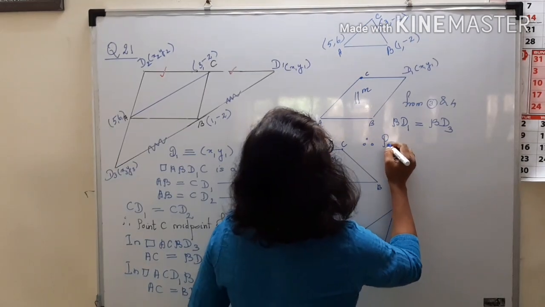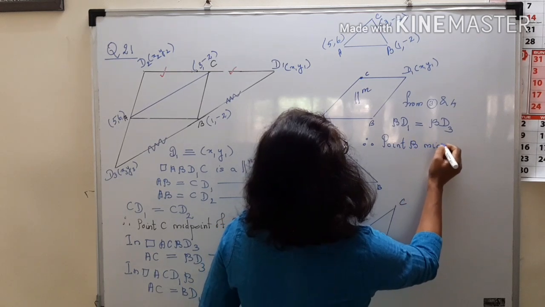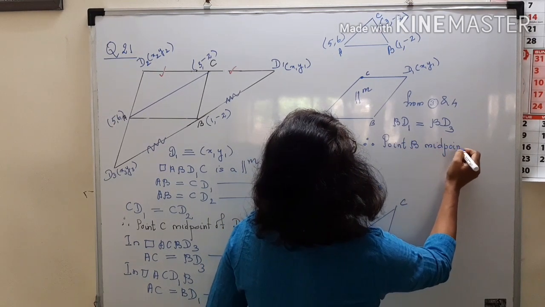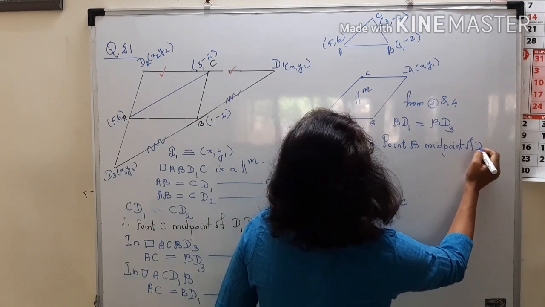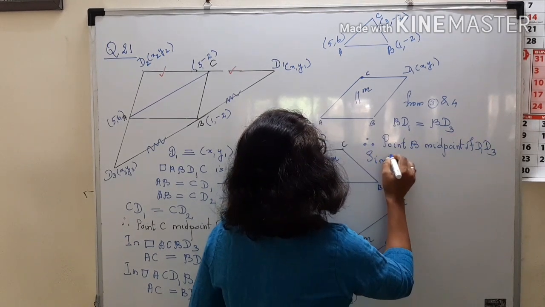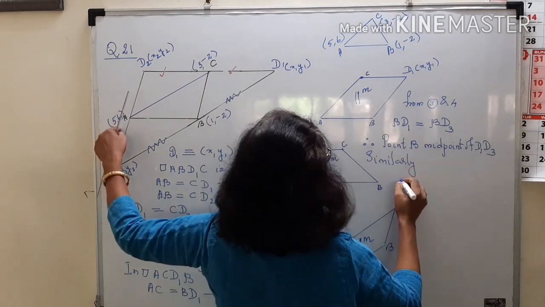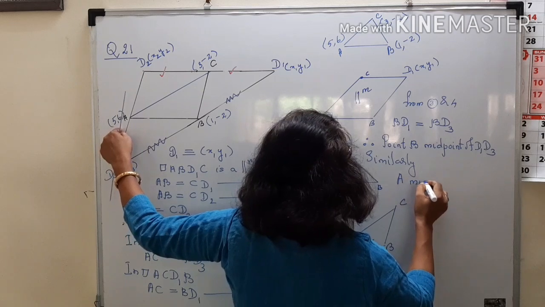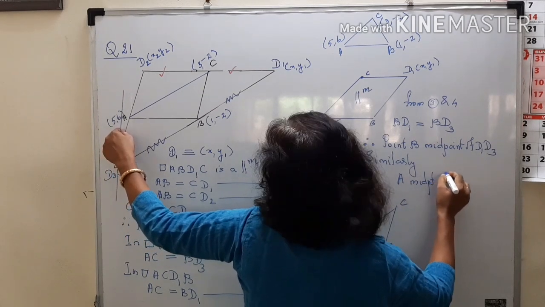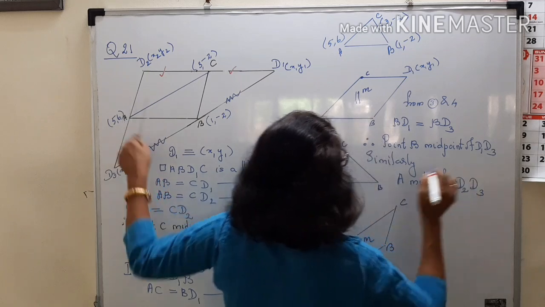Therefore, point B is the midpoint of D1, D3. Similarly, we need not write again. A will be the midpoint of D2, D3.